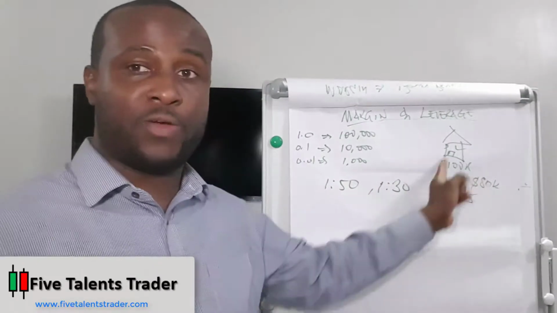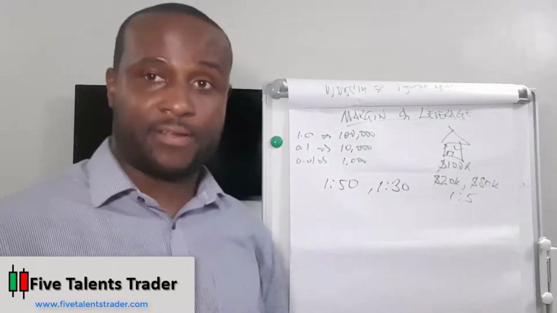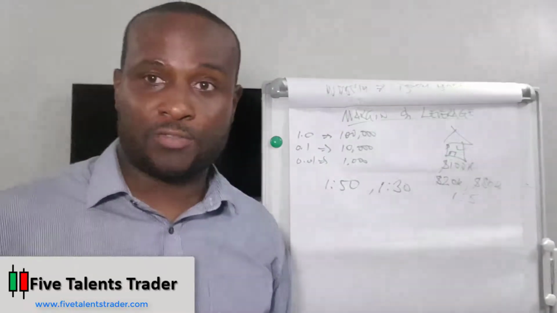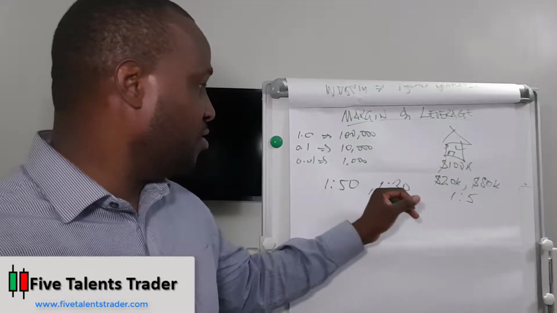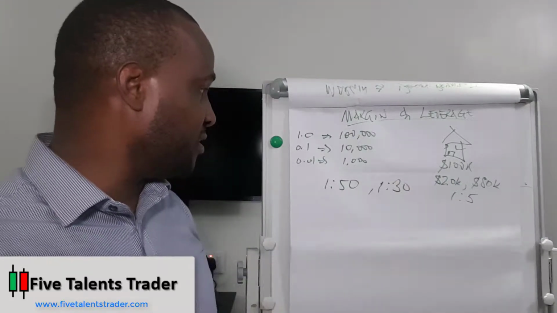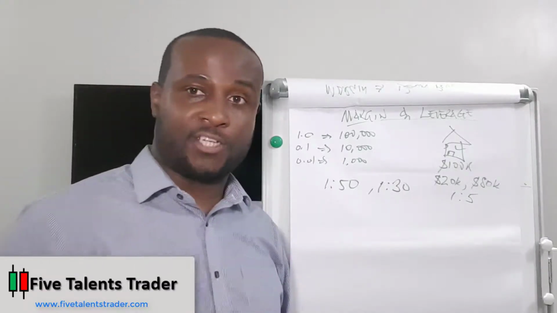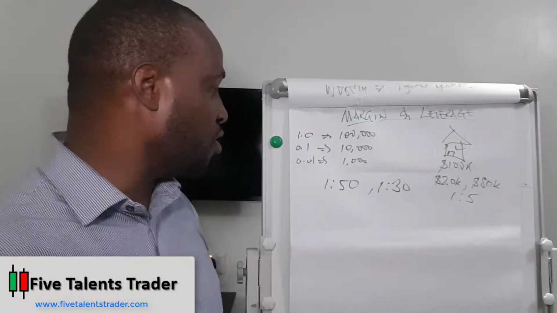You can see with the mortgage situation, it's only 1 to 5, so bring 20,000 and control 100,000. In Forex trading, the lowest leverage is 1 to 30, applied by the FCA, the Financial Conduct Authority in the UK, and in the USA it is 1 to 50.